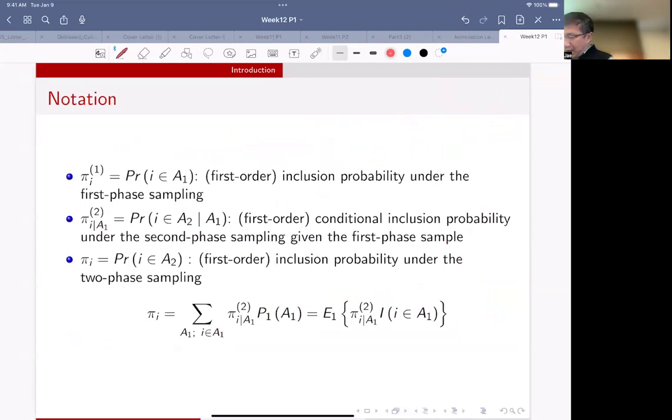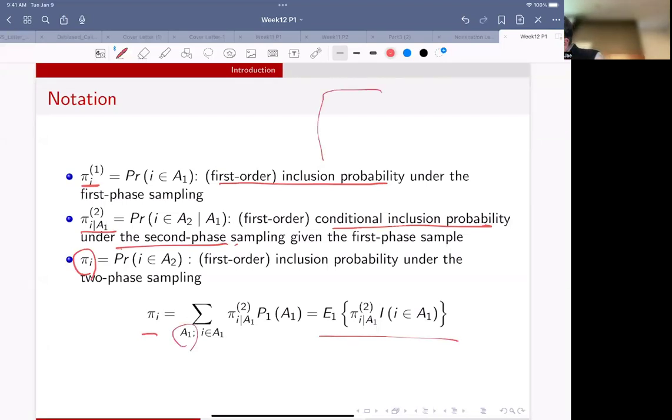So then we have two inclusion properties. One is the first-order inclusion property for the first-phase sampling, and the other is the conditional inclusion property for the second-phase sampling, given the first-phase sample. The problem is that the overall inclusion probability for the two-phase sampling is actually an expectation over all possible A1.